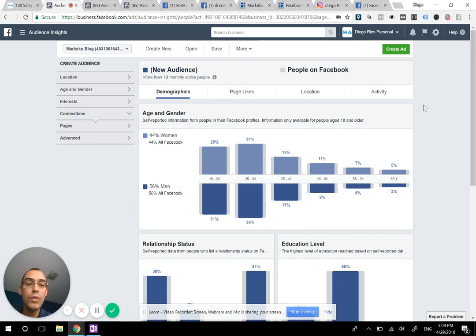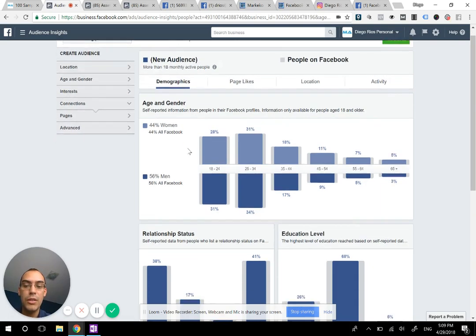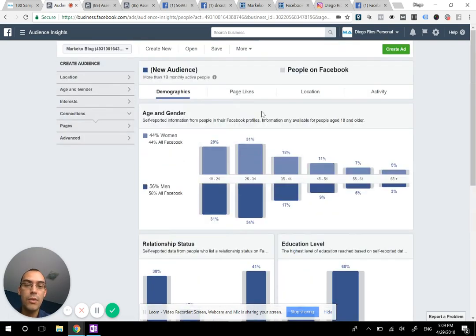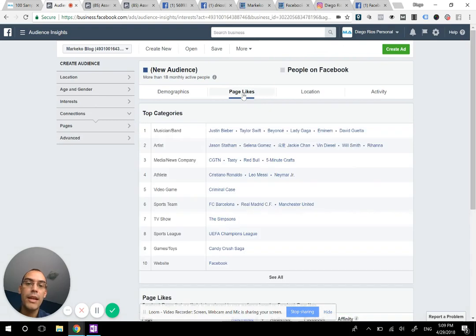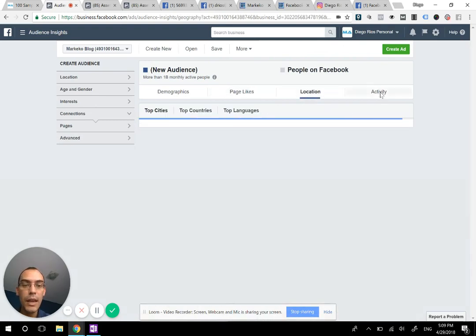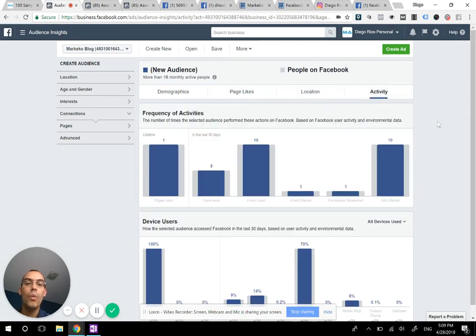This used to be really helpful because it would give you a lot of information with regards to demographics: age and gender, relationship status, educational level, what pages they interacted with, location, and also overall activity within Facebook.